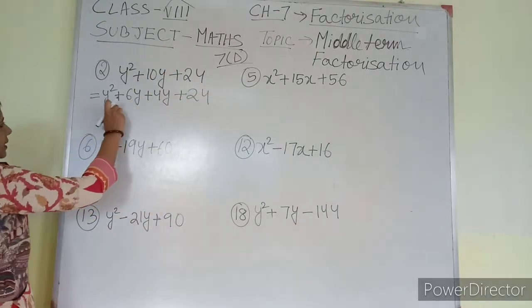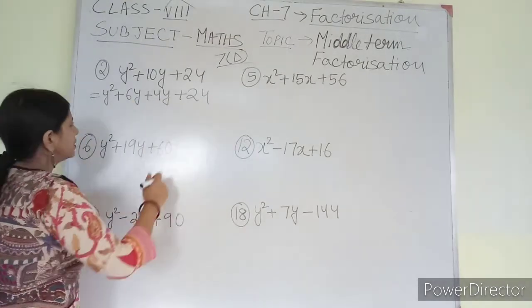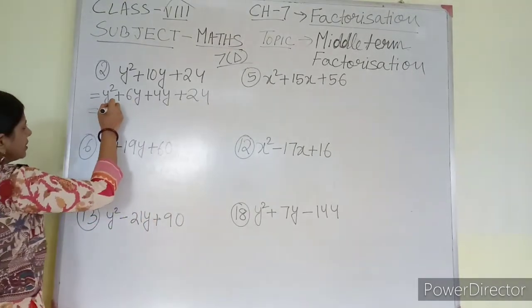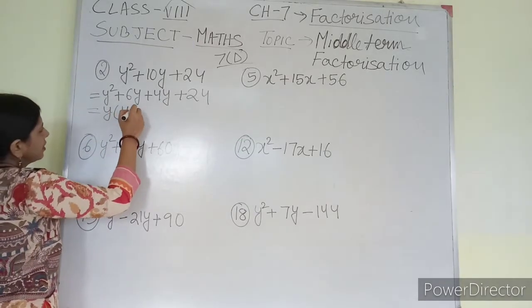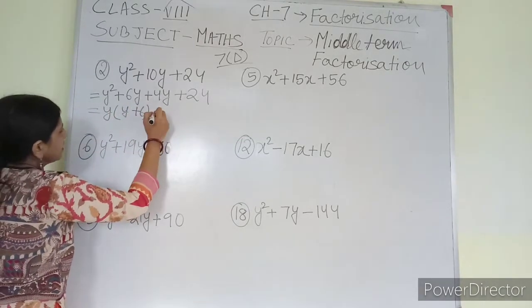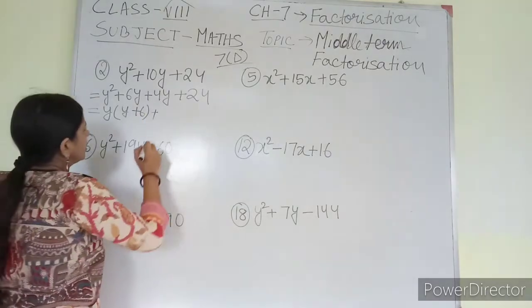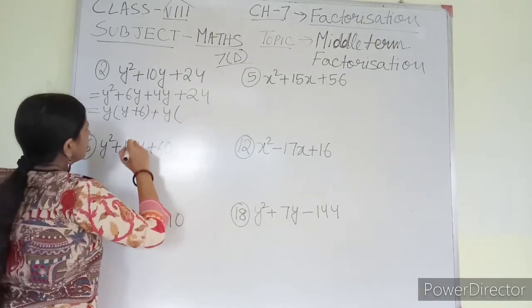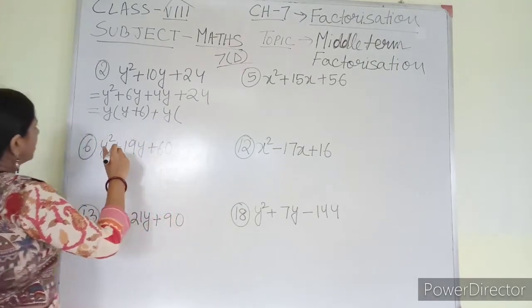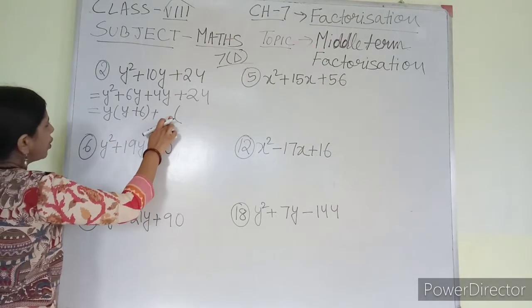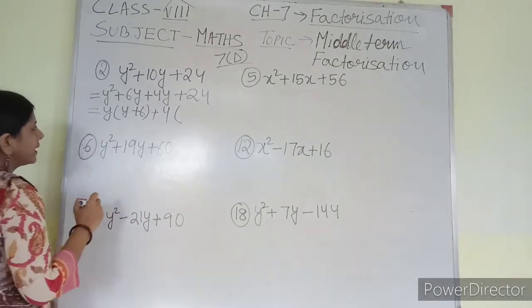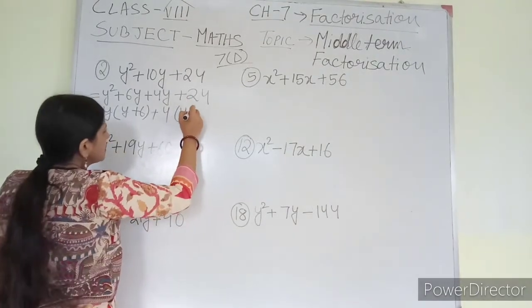Now take common in between these two terms and these two terms. In between these two terms, y is common. What is left? Y plus 6. In between these two terms, 4 is common. If I take 4 as common, what is left?